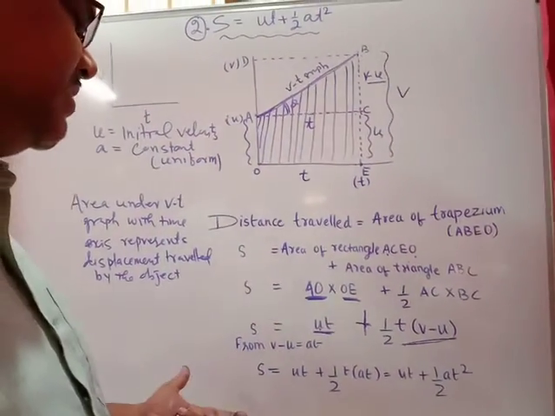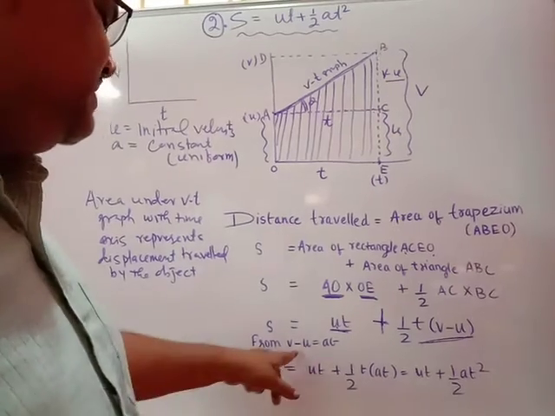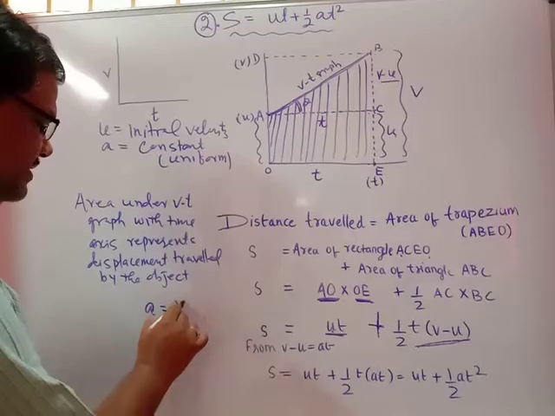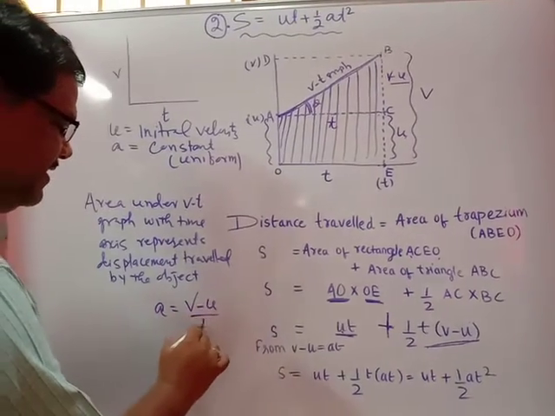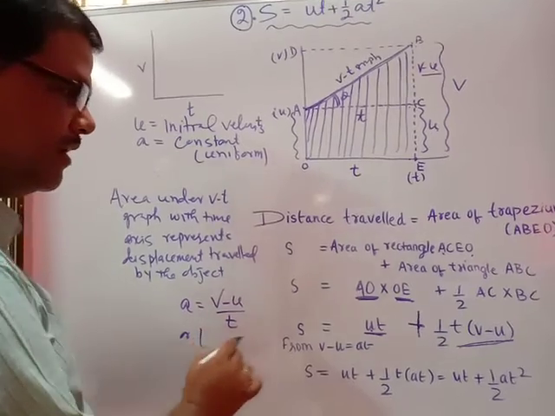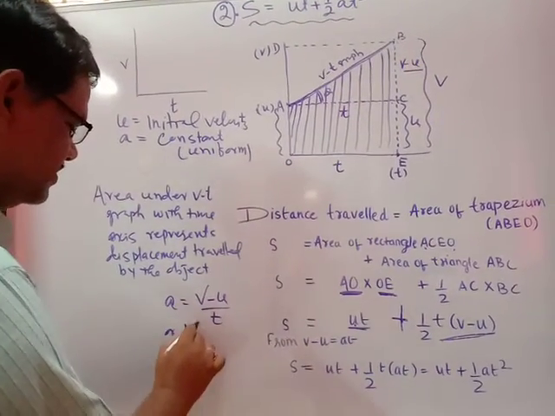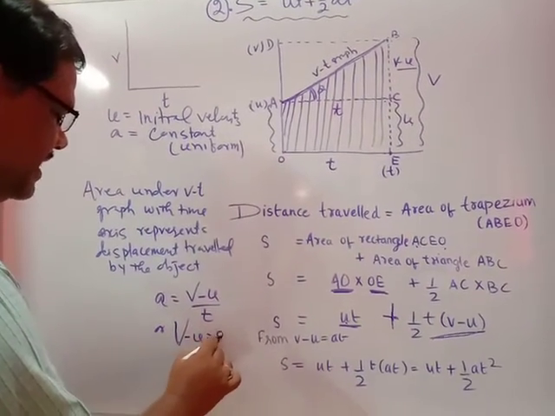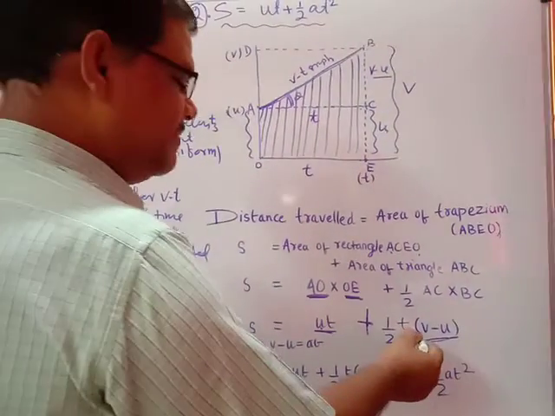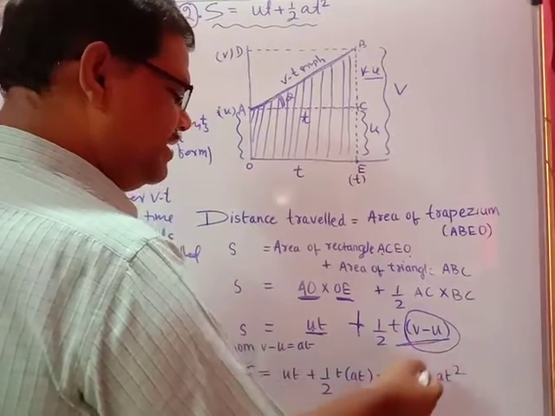From the first equation, acceleration equals change in velocity by time t, so v minus u equals at. In place of v minus u, you put at.